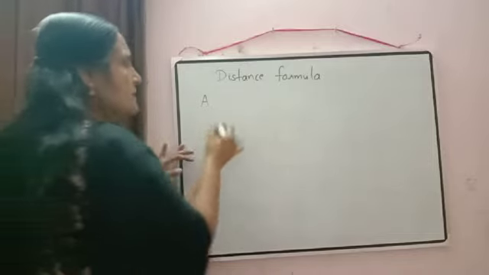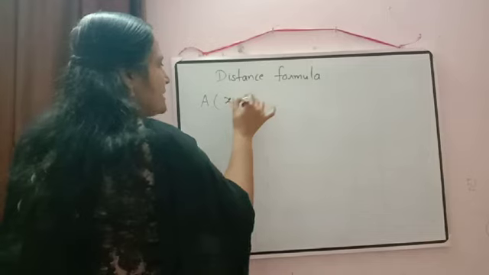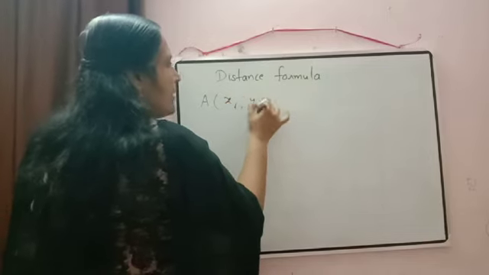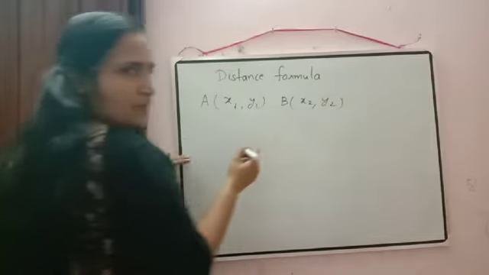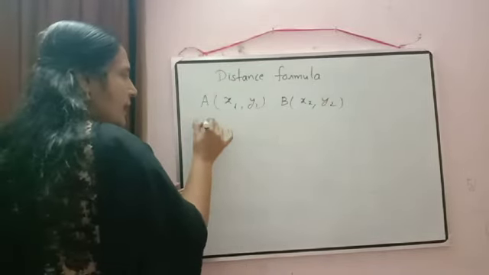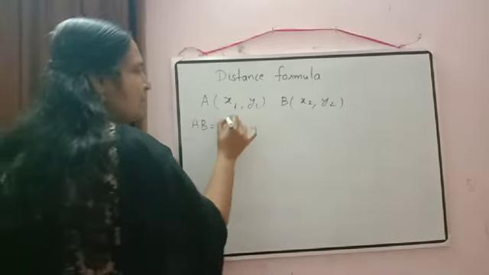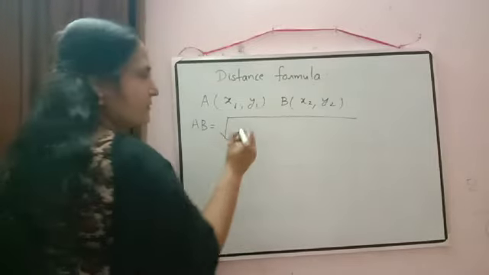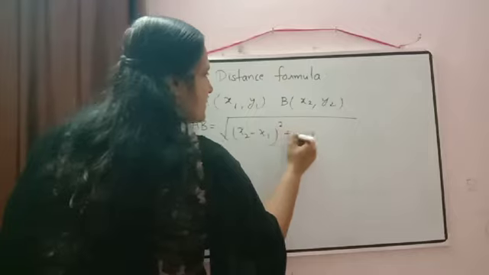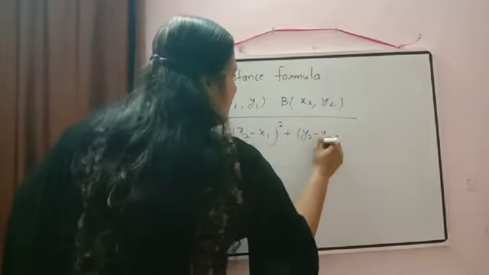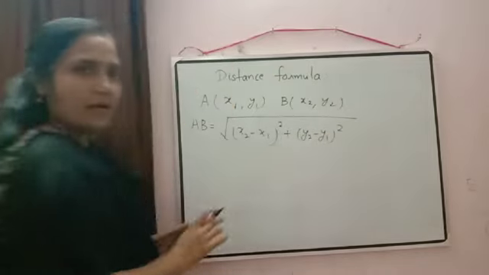We know the distance between any 2 points A(x1, y1) and B(x2, y2) is given by AB equal to square root of (x2 minus x1) the whole square plus (y2 minus y1) the whole square.